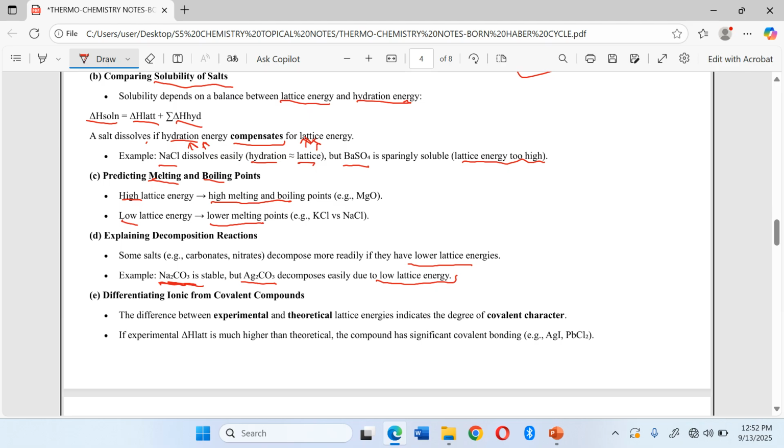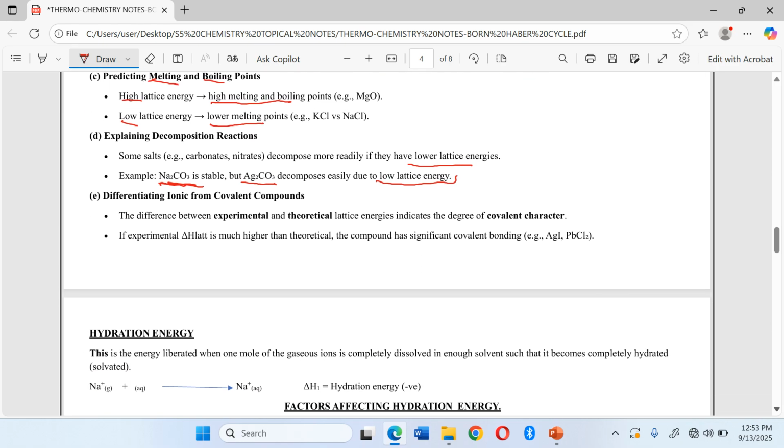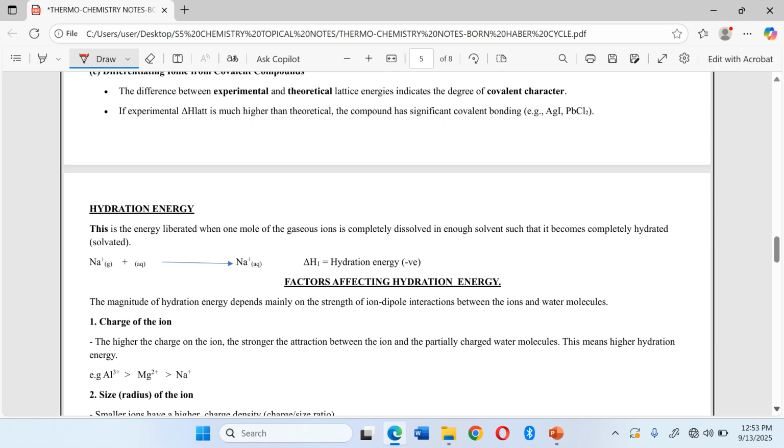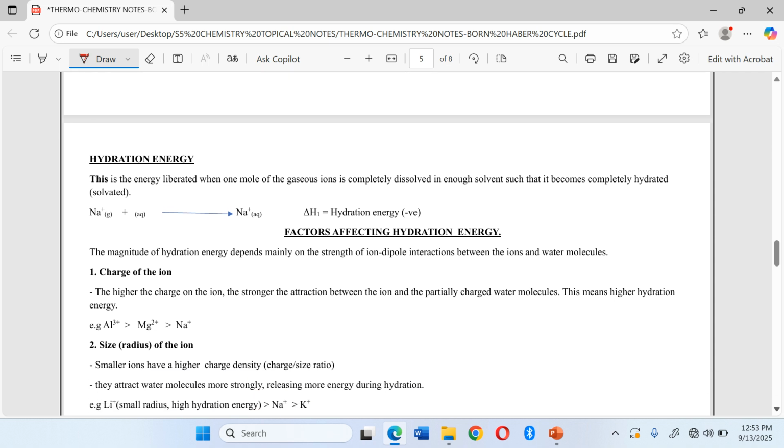They're saying the difference between experimental and theoretical lattice energies indicates the degree of covalent character. So if the experimental enthalpy of lattice is much higher than theoretical, the compound has significant covalent bonding. So it can help in differentiating between ionic and covalent compounds.